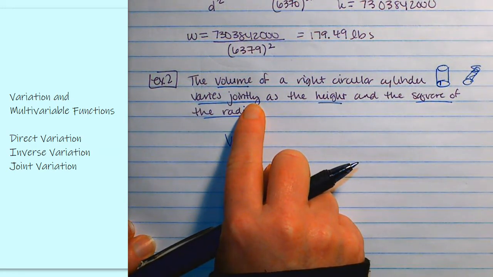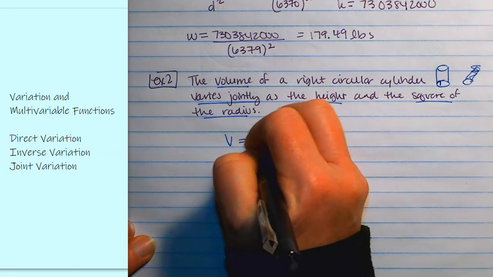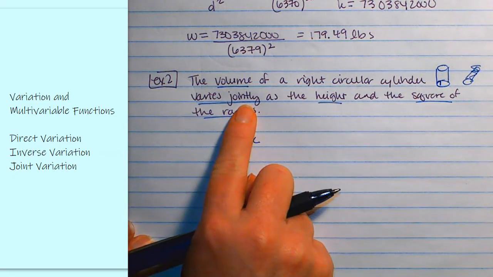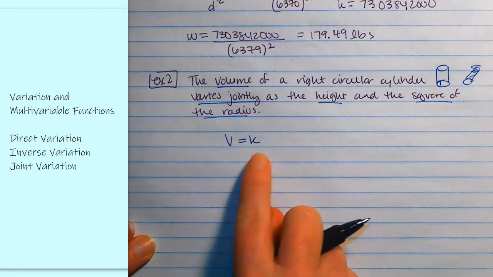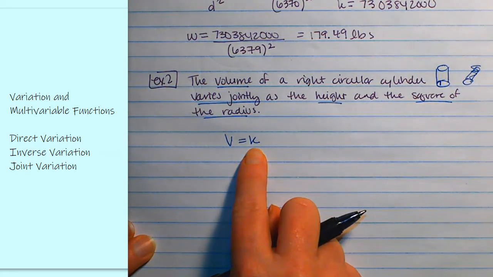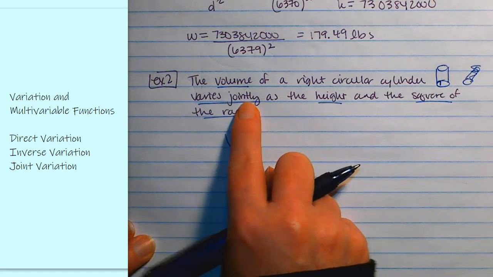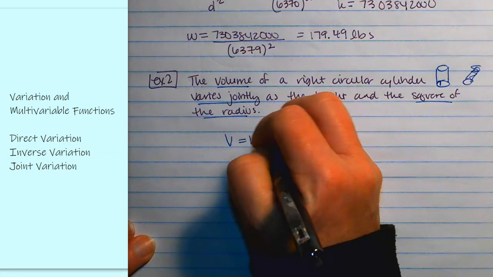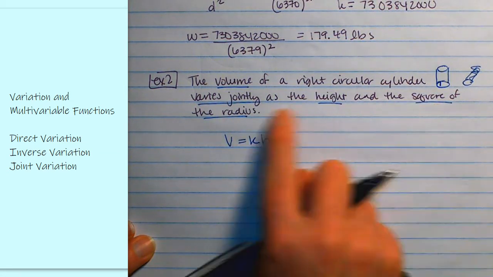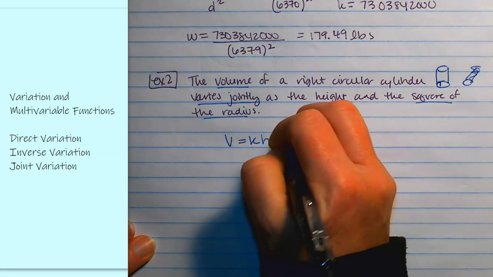That means it's not equal to, but it's equal to the constant k. Varies means it's not the same every time. There's something that's multiplied. If it was equal to, we would leave off the k. This whole section is going to have k's though. The volume varies jointly as the height, and the square of the radius, r squared.